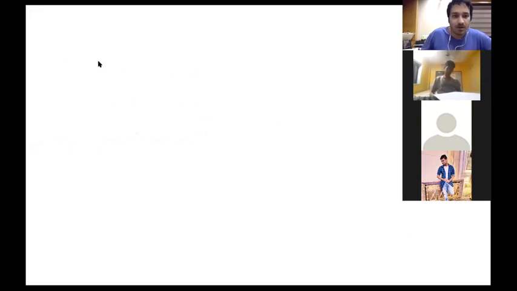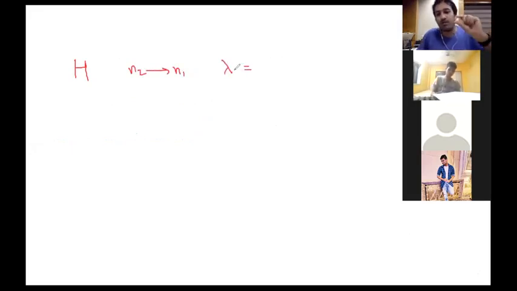Think about it. Okay, I want all of you to pay attention here. This is a very interesting concept. In the hydrogen atom, there is a transition taking place, let's say from N2 to N1, and this transition releases a particular photon of wavelength lambda.